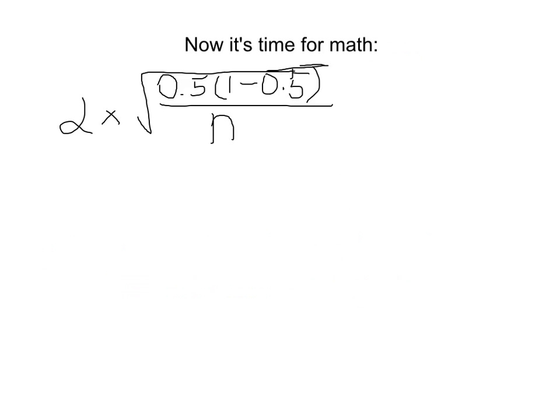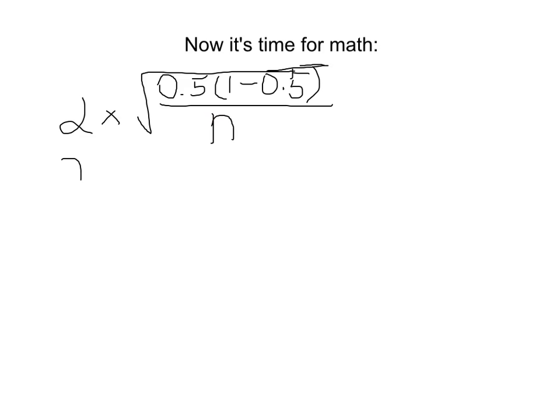Now, to show you how that all reduces to 1 over the square root of n, we're going to use some math. Right here we have the multiplier 2, a p of 0.5, 1 minus p, and n. I'm going to leave n just the way it is for right now. So let's do some math. 0.5 times 1 minus 0.5.